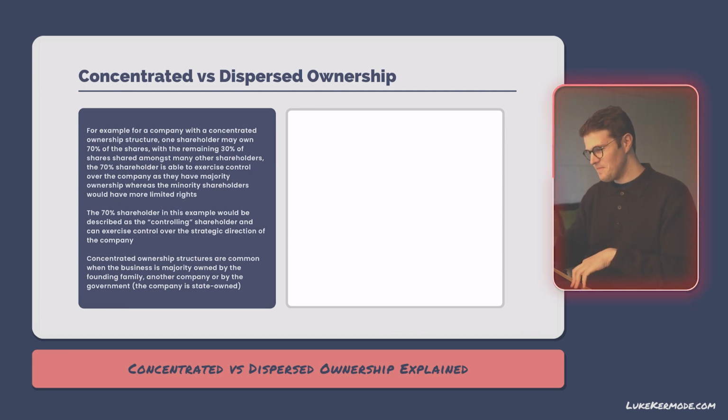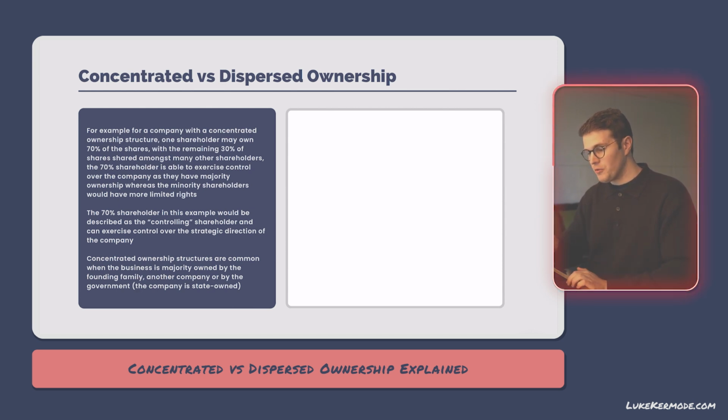So we have a company with a concentrated ownership structure. One shareholder owns 70% of the shares, and the remaining 30% of the shareholding is shared out amongst many other different shareholders. So the 70% shareholder is able to exercise control over the company because they own the majority of the shares. If they own over 50% of the company, they have control over the direction of the firm.